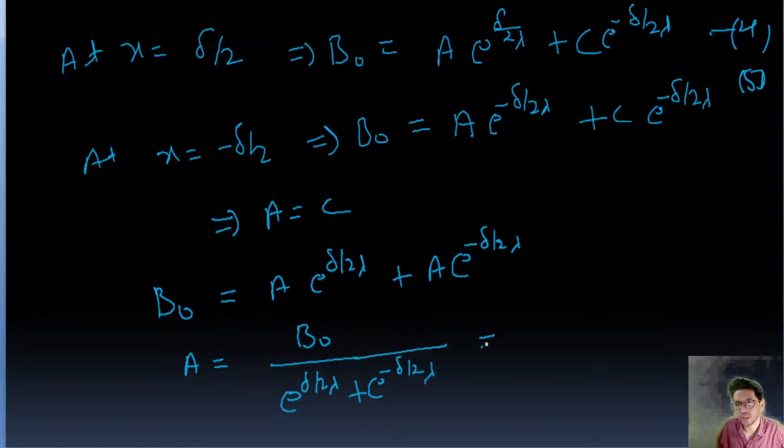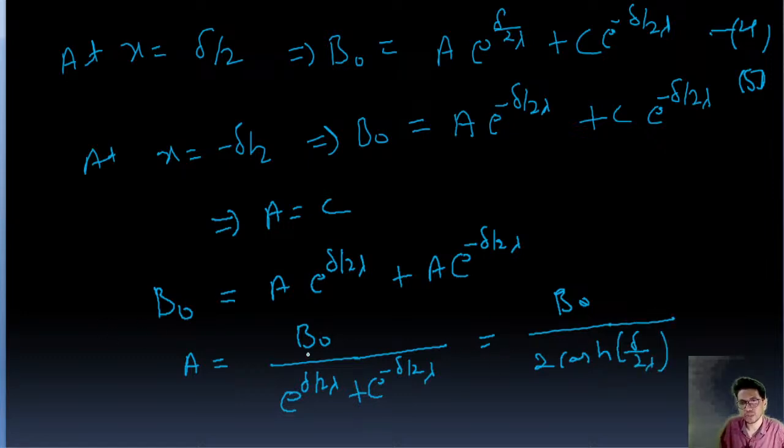Or we can write this as cos hyperbolic, because e to the power x plus e to the power minus x is 2 cos hyperbolic x, right? So this value is going to be B naught upon 2 cos hyperbolic delta upon 2 lambda.